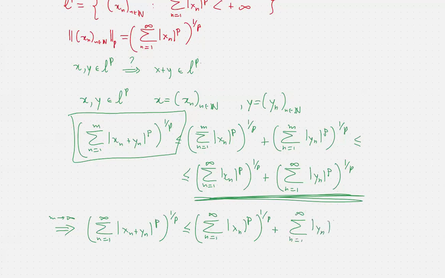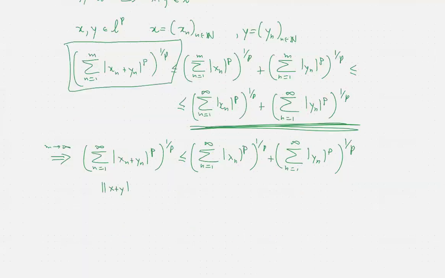And pretty much that gives you that x plus y is finite, and moreover, the norm of x plus y is finite, and it's less than or equal to the norm of x plus the norm of y.